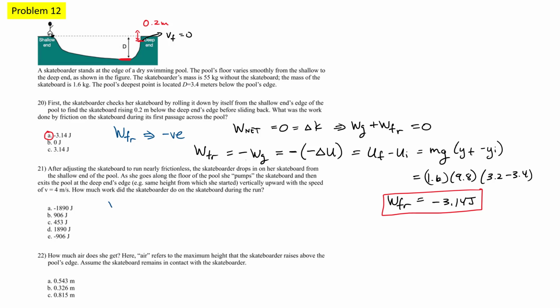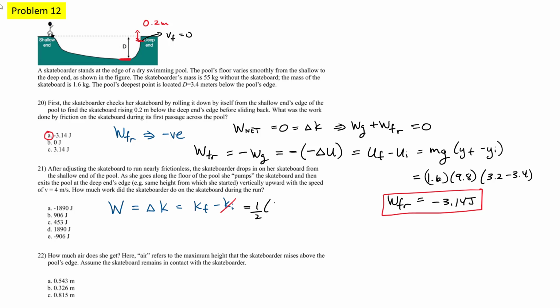All right, in order to answer this one, I would say that the work should be the change of kinetic energy. If she started over here at rest, she has 0 kinetic energy, so that means it's K final minus K initial, where K initial is 0. K final is simply the final kinetic energy, 1/2, again the total mass here, so it'll be the mass of the skateboard plus the mass of the skateboarder.